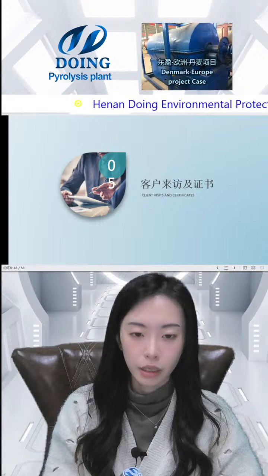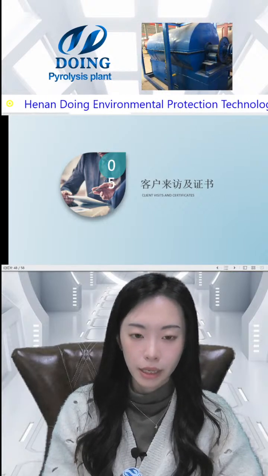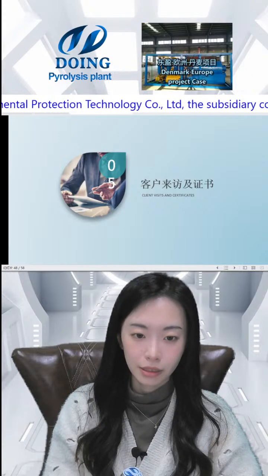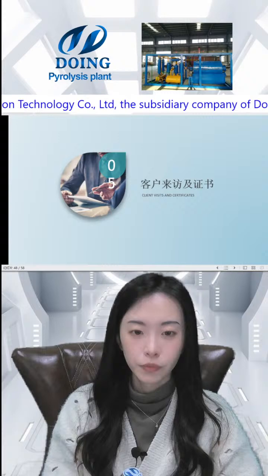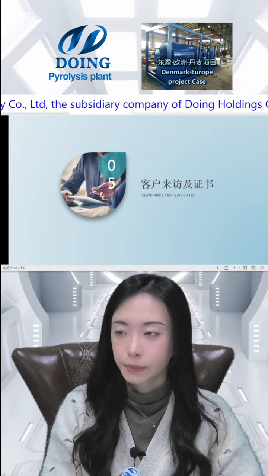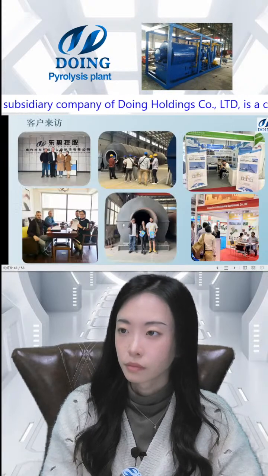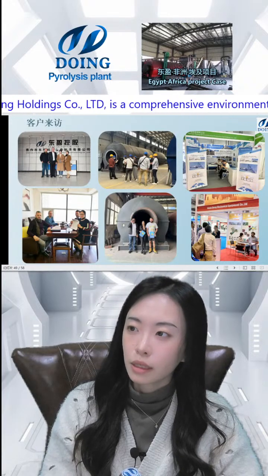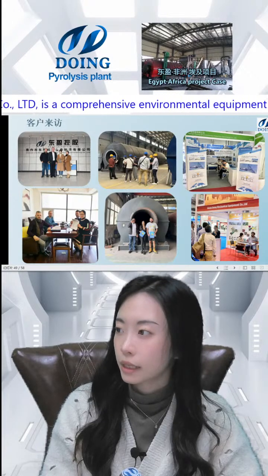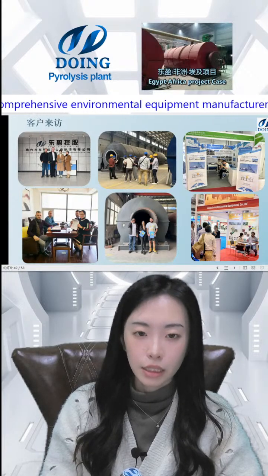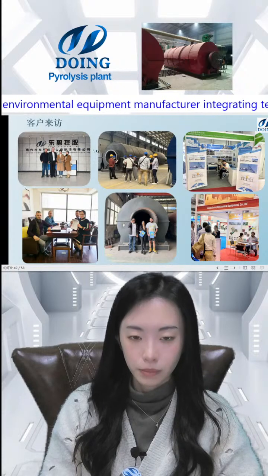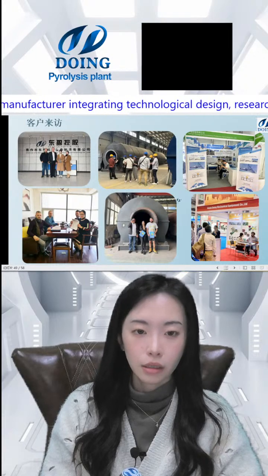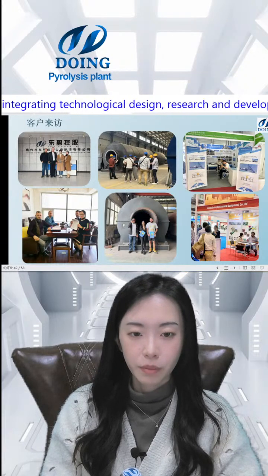And for our Chinese customers, every day they come to our company and our factory to learn about this business. This is the customer in our working place, our office, and this is a picture of our factory. They are looking at the furnace, the pyrolysis plant furnace.